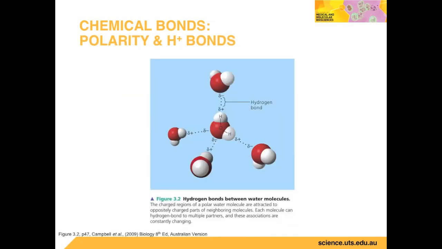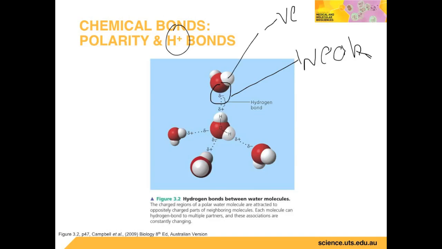When we've got polarity, we've also got hydrogen bonds. What we're looking at here is the weak attraction between polar molecules, where we've got a slightly negative end and a slightly positive end being attracted towards each other.